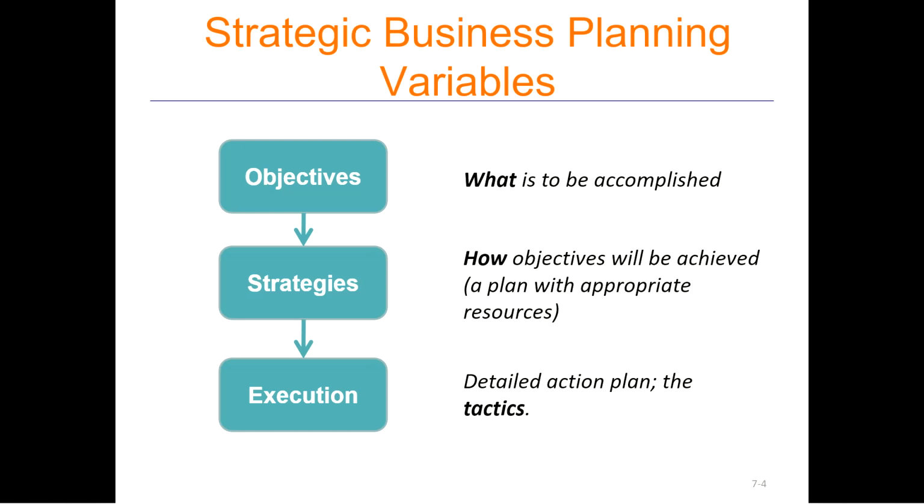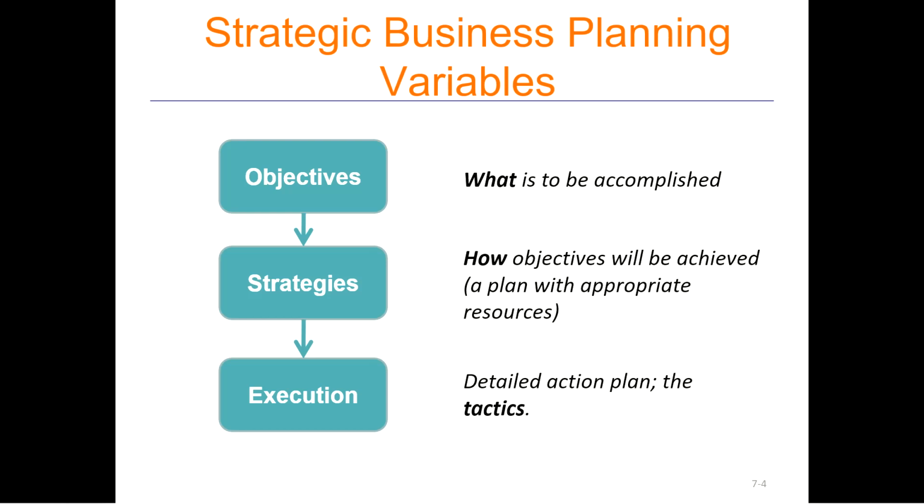If you look at the objectives a little closer, an example would be outlining how much sales revenue, or market share for that matter, is to be achieved over a year. So objectives are specific, measurable, and time-based. Strategies are statements that outline how to achieve the objectives and usually identify the resources necessary, such as money, people, and time.